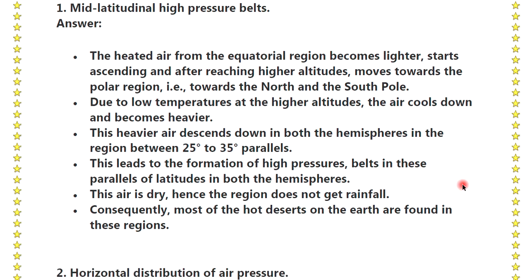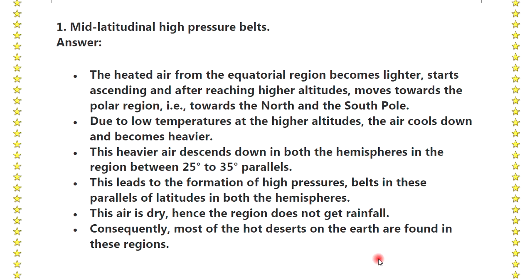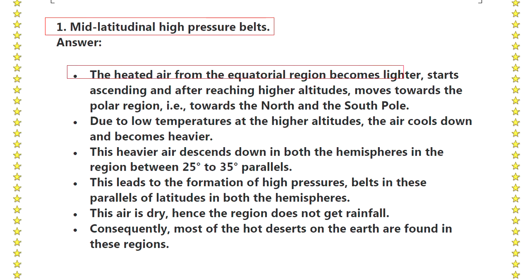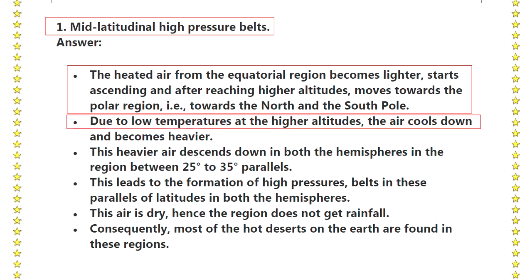Question 3: Write notes. See the first, mid-latitudinal high pressure belts. Answer: first point, the heated air from the equatorial region becomes lighter, starts ascending, and after reaching higher altitudes moves towards the polar region, that is towards the north and the south pole. Second point, due to the low temperatures at high altitude, the air cools down and becomes heavier.